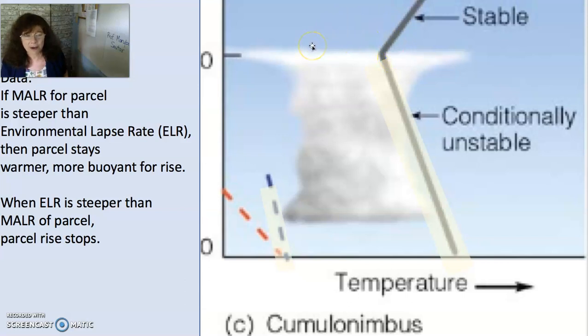But again, I think you can see here that the line for the moist adiabatic lapse rate is steeper than the line for the environmental lapse rate, meaning that this parcel is going to lose heat less quickly than the environment and is going to remain more buoyant to rise up until the point where the cloud is no longer warmer than the environment.